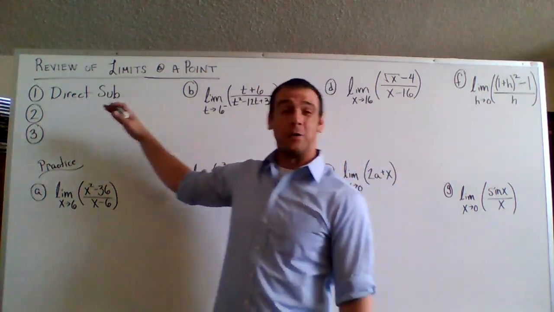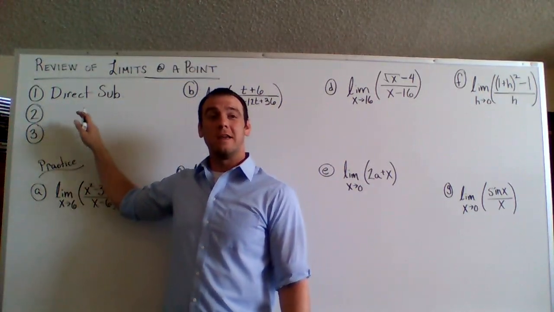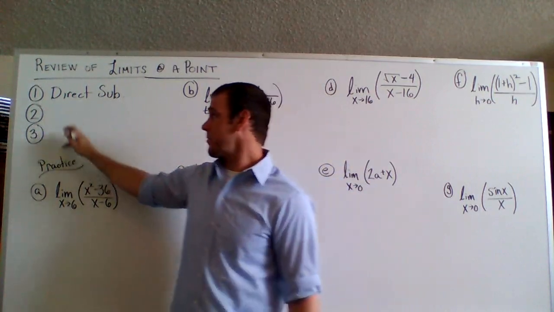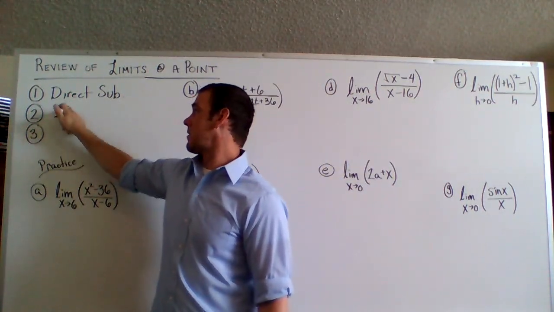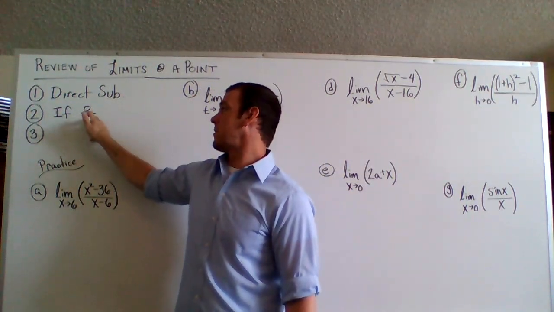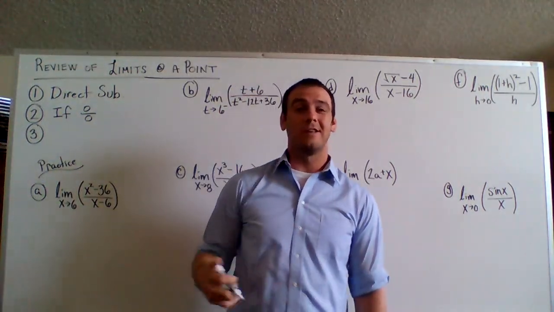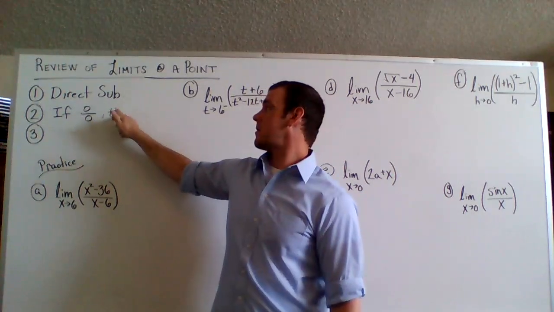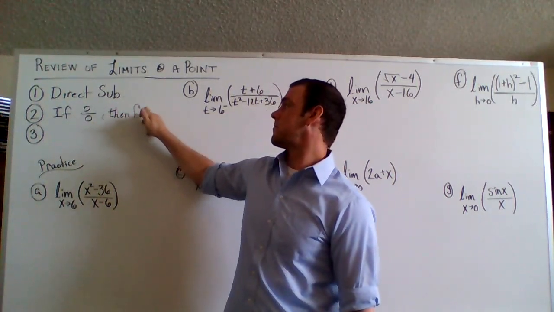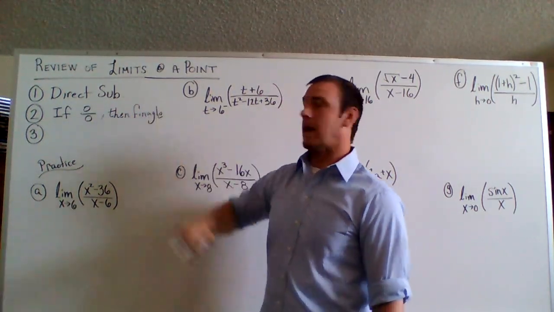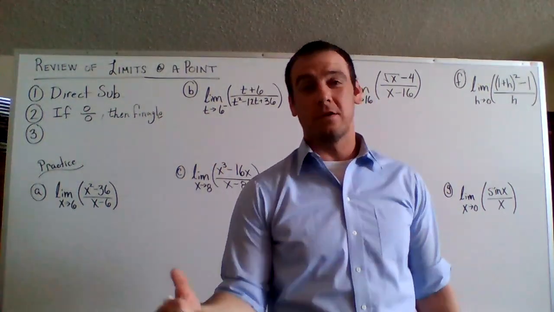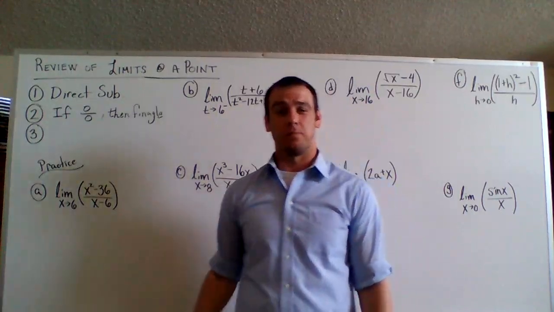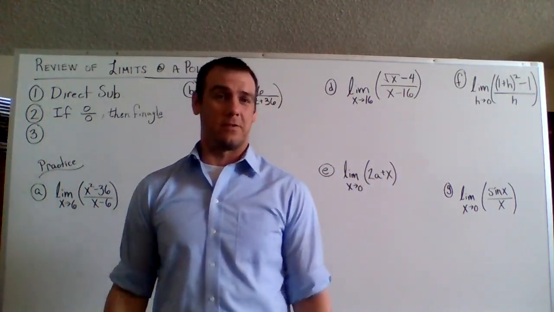Let's say you plug a value in. You're going to get either a nice answer or one of two answers. If you get 0 divided by 0, what you're going to need to do is then finagle. So we get 0 divided by 0, finagle, so we're going to manipulate. Typically, a lot of factoring is going to be going on, maybe multiplying by a conjugate, that sort of thing.